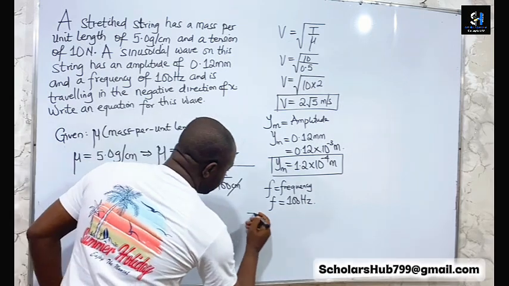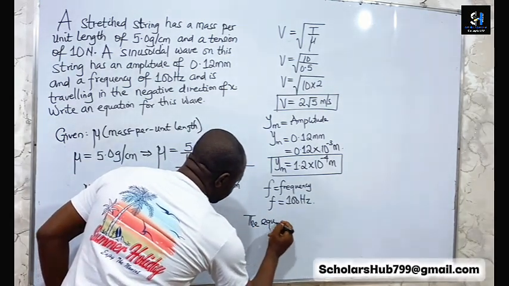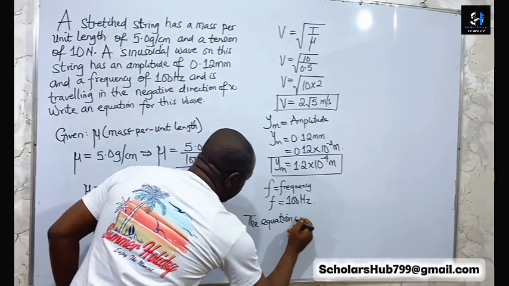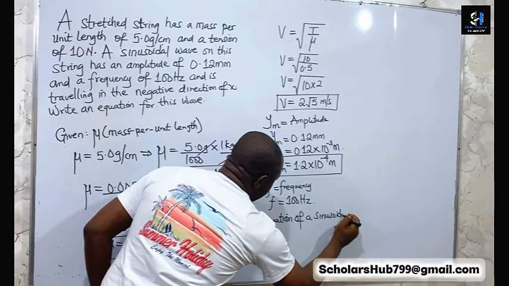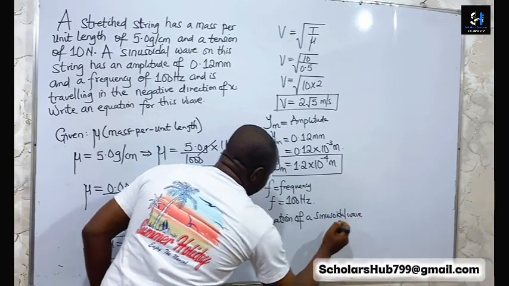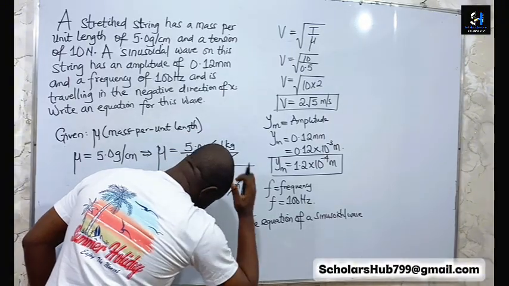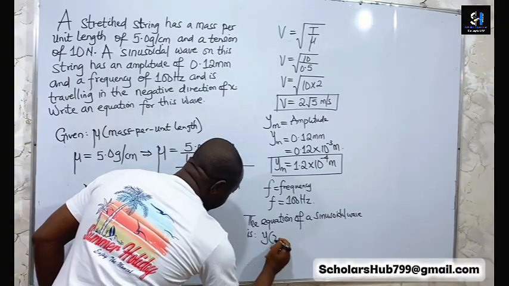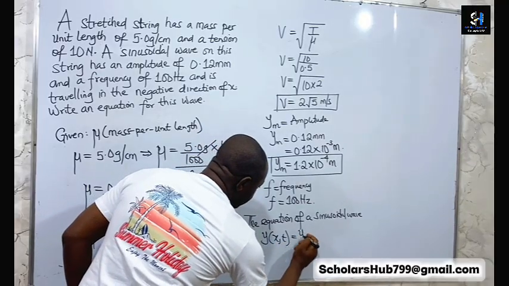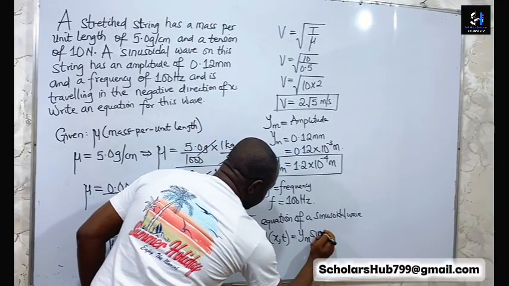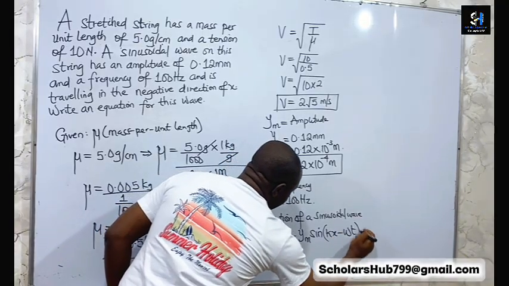So to write the equation, we know that the equation of a sinusoidal wave is y as a function of distance x and time t equals amplitude times sine of kx minus wt.